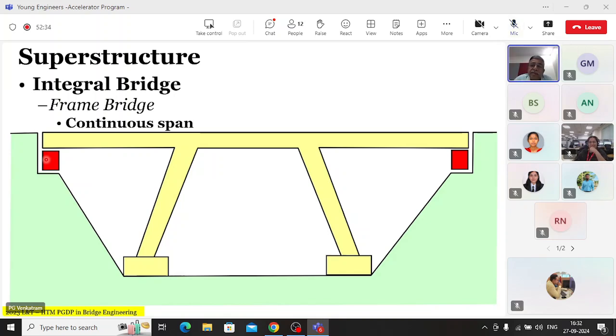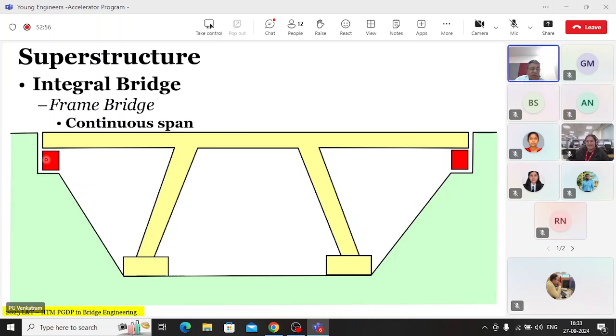Why are there level differences in expansion joints? Please. Why are there level differences in expansion joints?